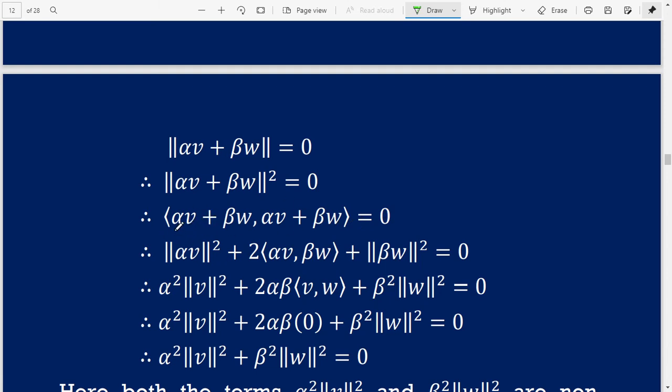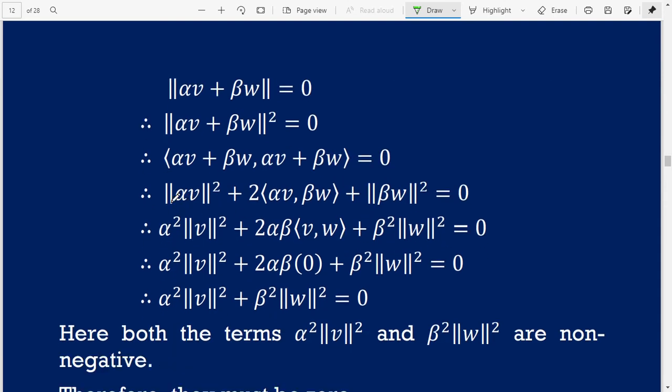Simplifying this, we get the norm of alpha v squared, plus 2 times the inner product of alpha v with beta w, plus the norm of beta w squared, is equal to 0. Now alpha square into norm v square, plus 2 alpha beta inner product of v with w, plus beta square into norm w square is equal to 0.